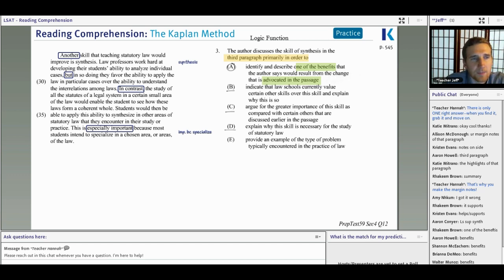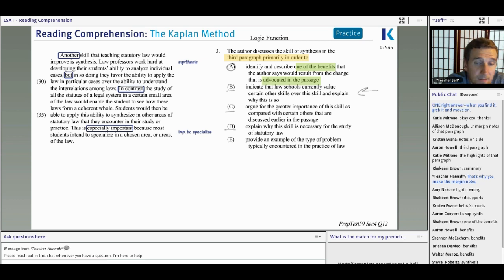Let's talk about B. Why is this wrong? Why isn't this working? It's tempting.